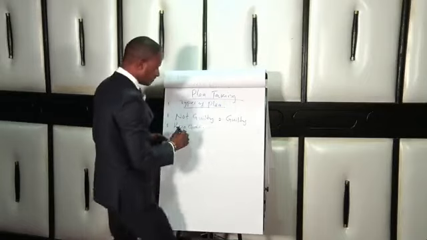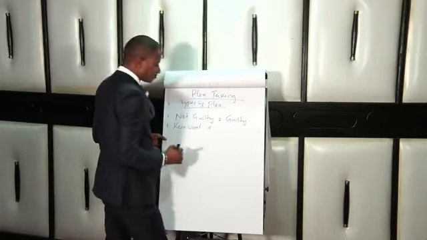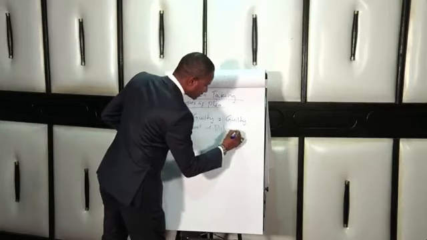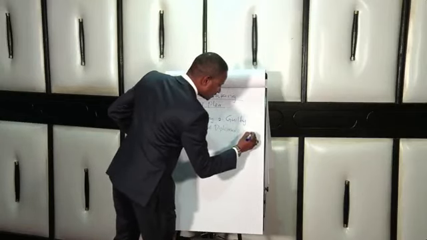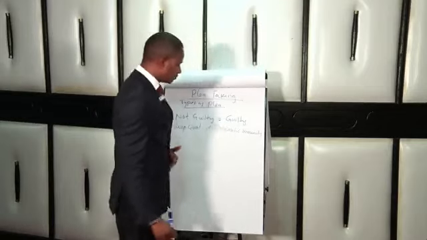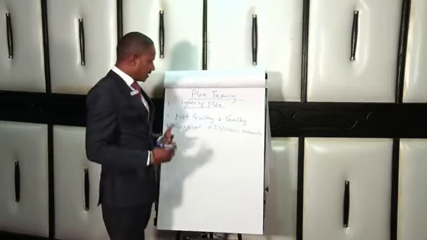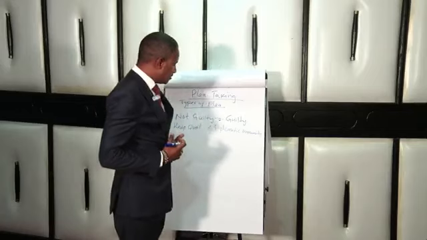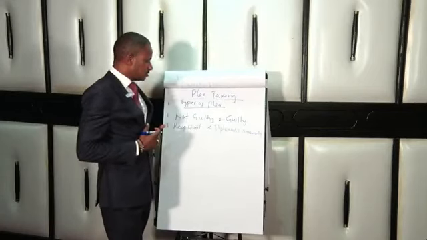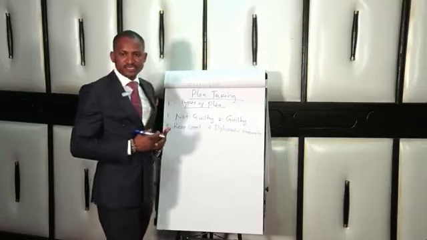Number 4, there's what we call diplomatic immunity. Under diplomatic immunity, you may be a diplomat and you say that, I cannot be charged on this offense because I'm a diplomat. Diplomatic immunity.